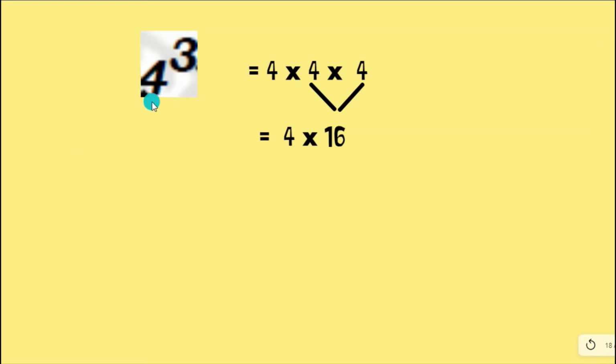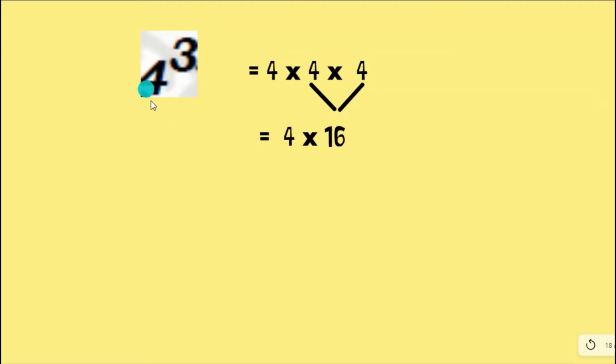So when we expand this exponential form, it becomes 4 raised to 3 equals 4 times 4 times 4. Because, as we have mentioned earlier, the exponent determines how many times the base will be multiplied by itself.